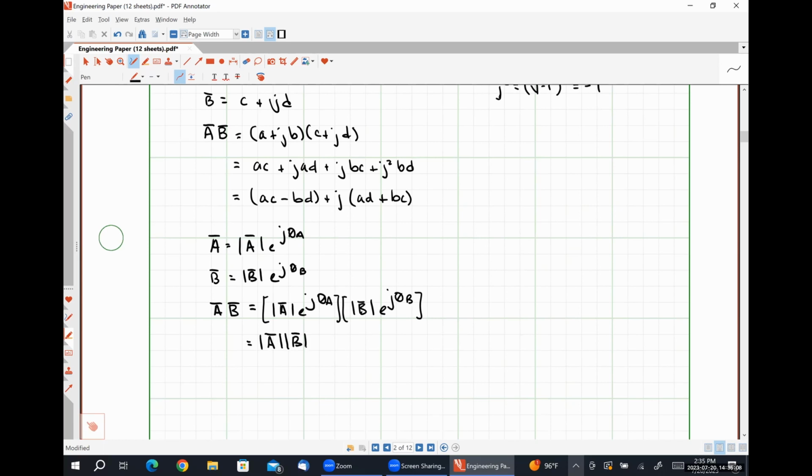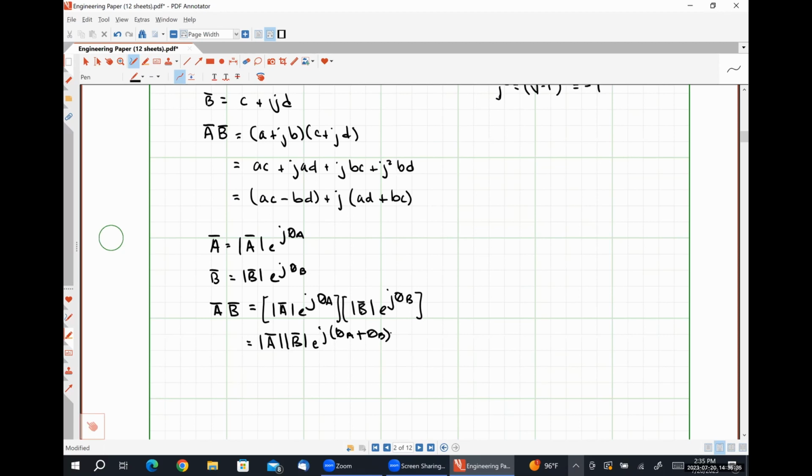What happens when I multiply two exponentials together? Don't you get an exponential? You do, but the arguments of the exponential add. So I'll have e to the j theta A plus theta B. So effectively, the angles add together.